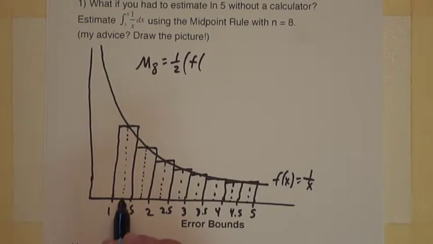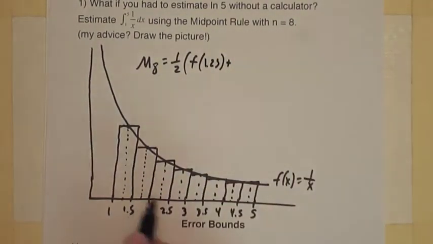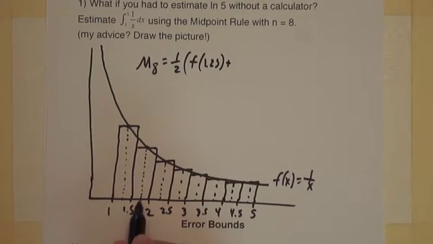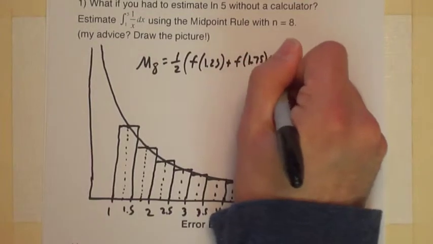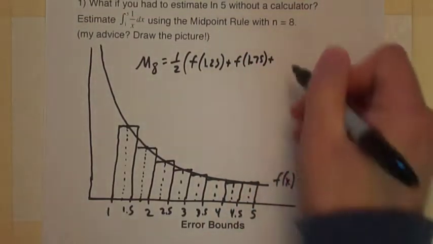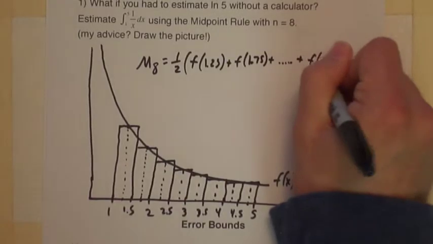Now from the picture you see the midpoint here is 1.25, halfway between 1 and 1.5. The next midpoint is at 1.75, halfway between 1.5 and 2. So 1.75. And you can see you do that all the way till the last midpoint, which is at 4.75.